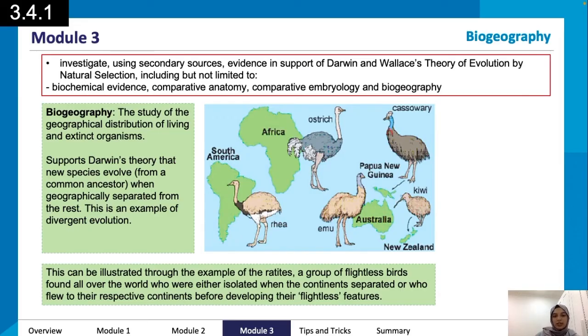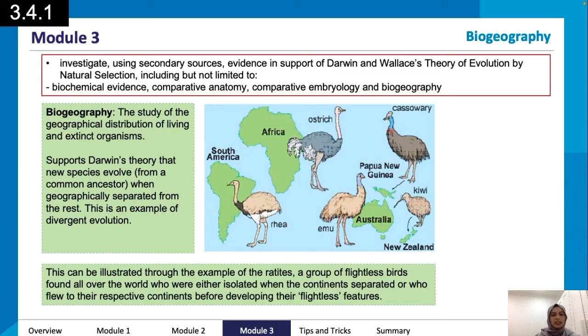This can be illustrated through the example of ratites, a group of flightless birds found all over the world who were either isolated when the continents separated, or who flew to their respective continents before developing flightless features.